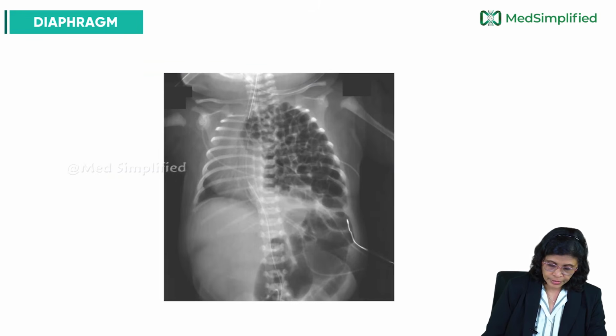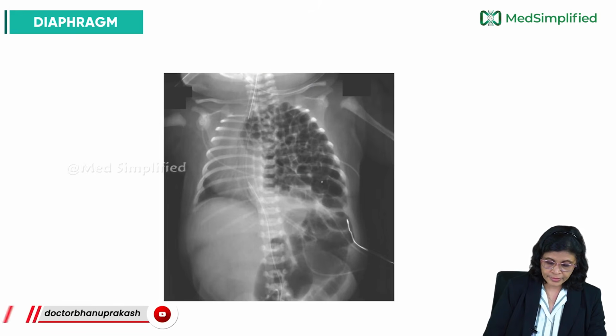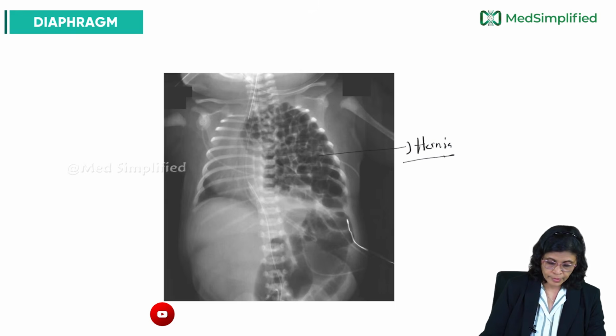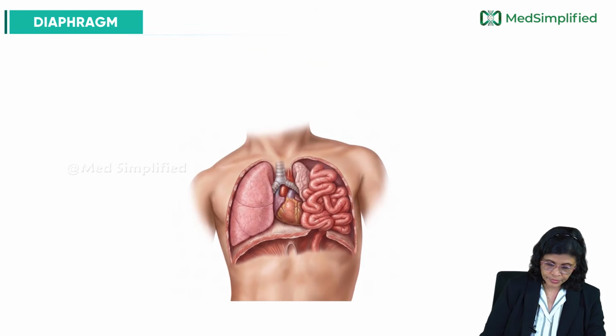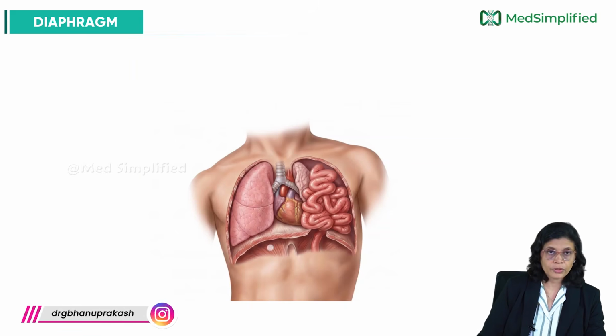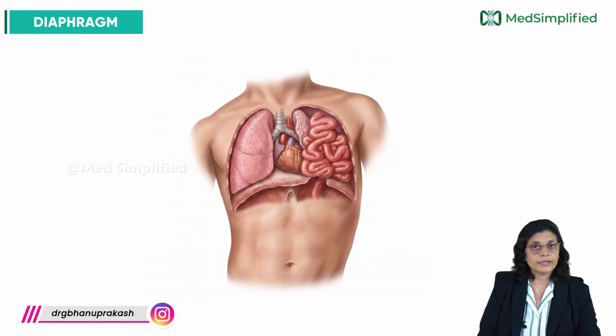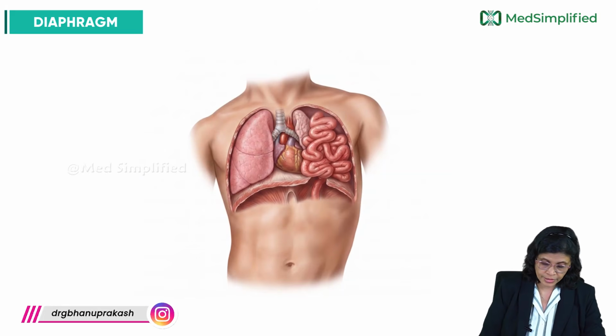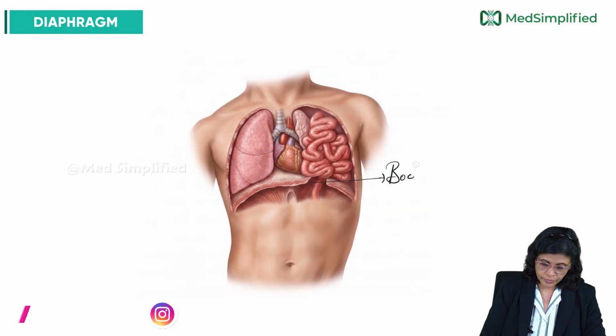So this is how we will see it. We can see the air-filled intestines within the thoracic cavity. This is the gap. This is also called the posterolateral hernia, also called the Bochdalek hernia, named after the foramen.